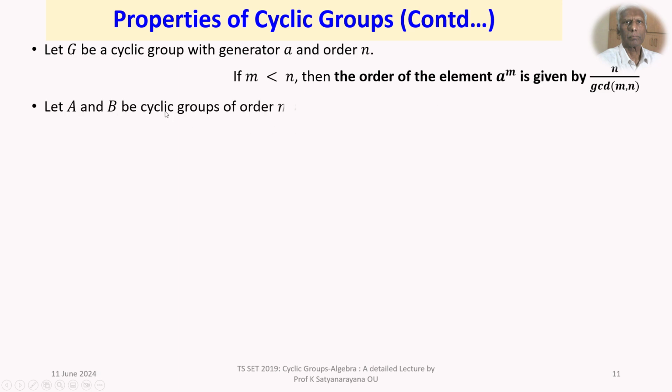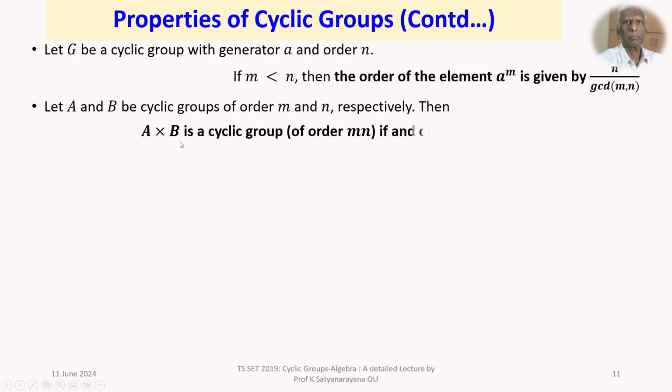Let A and B be cyclic groups of order m and n respectively. Then A cross B, the direct product, is a cyclic group of order mn if and only if the GCD of m and n is 1.